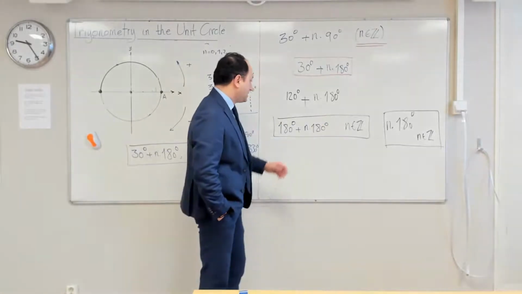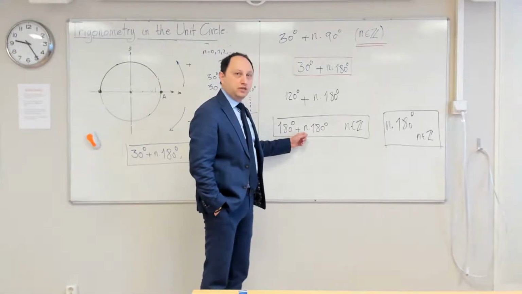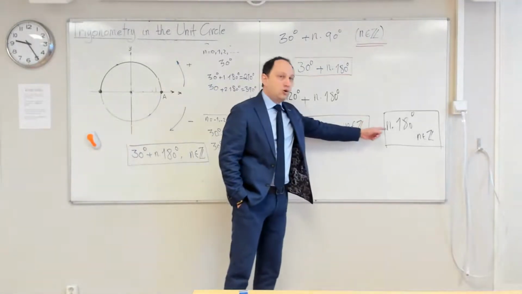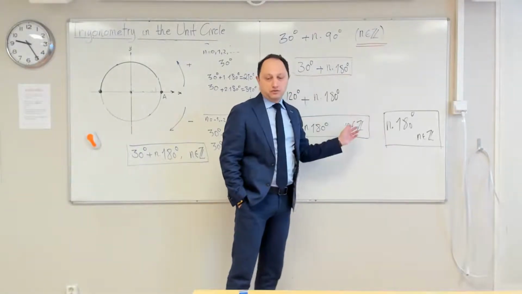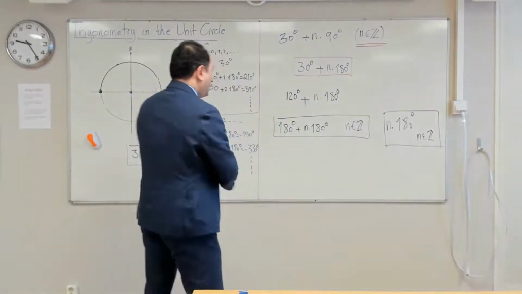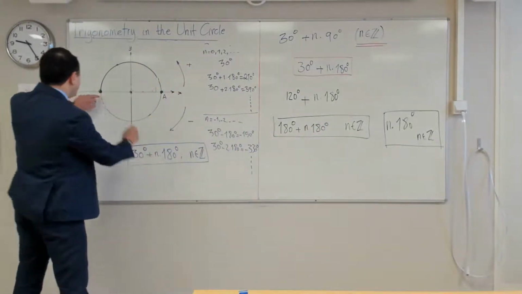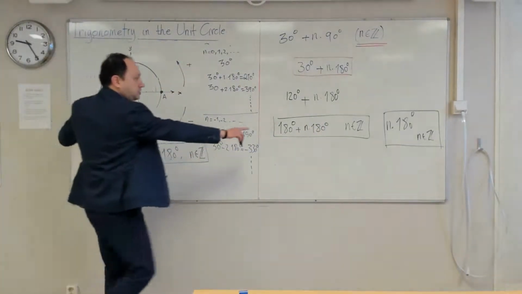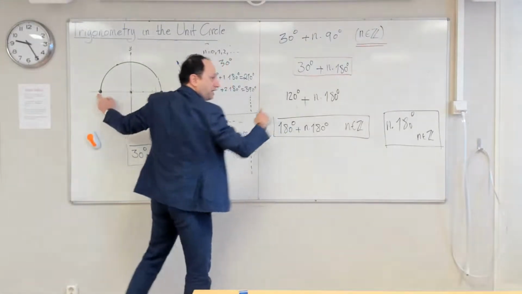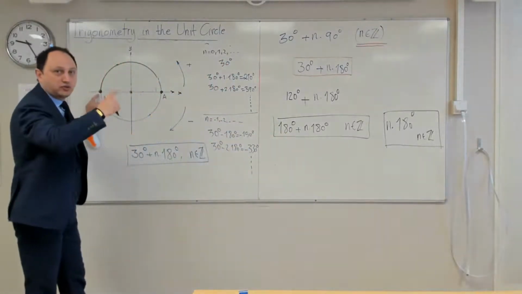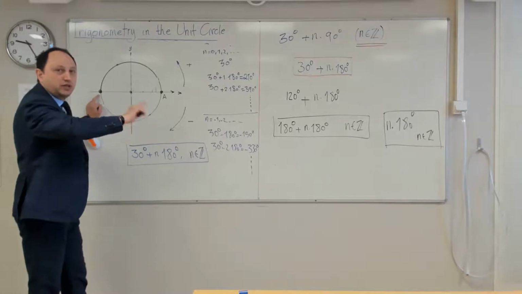But let us check that what this formula generates, the other formula also generates, and the other way around. If I ask you, what are the points generated by this formula, you start at 180, but each time you are allowed to rotate half a circle, either positively or negatively.